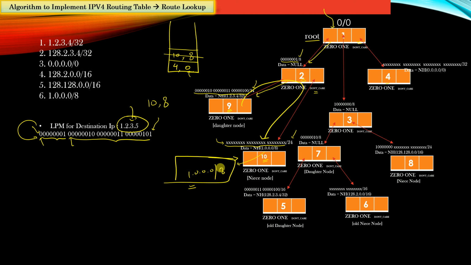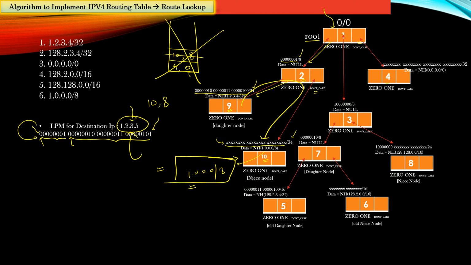In other words, we say that this is the route which matches best with this IP address as per the longest prefix match principle. And of course, once the route is located successfully in this route lookup algorithm, we will destroy our stack.